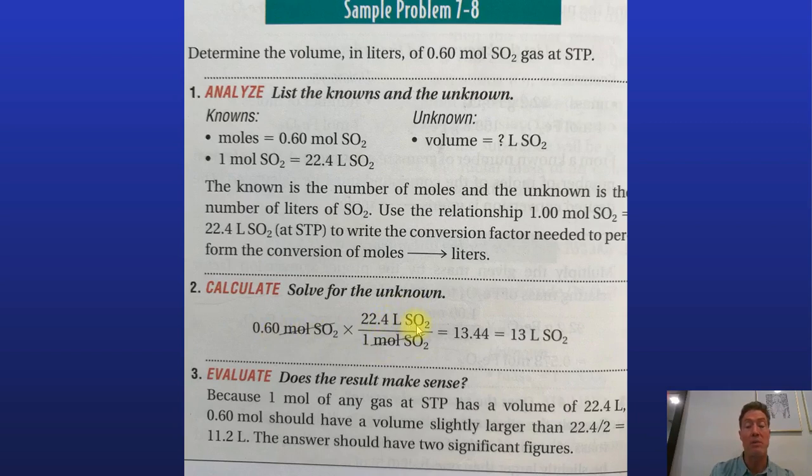There's 22.4 liters for every mole, and this will cancel out moles and give us liters, and we end up with 13 liters. Does this make sense? Well, sure. 1 full mole would equal 22.4 liters. This is a little over half, so our answer should be a little over half of 22.4, or around 13. Sure. And it should have 2 sig figs because that's all that we have in this number. The 2 digits here limit how many sig figs we can use in our answer.